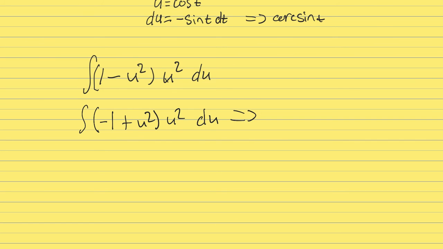And we have a u squared on the outside of the parentheses that we have to distribute. So this is going to transform our integral once again into negative u squared plus u to the fourth du.